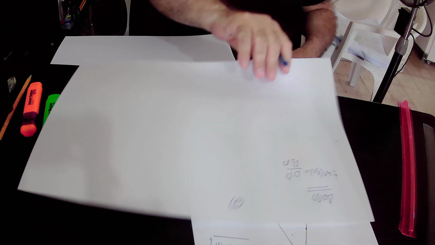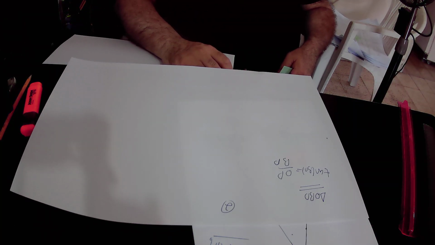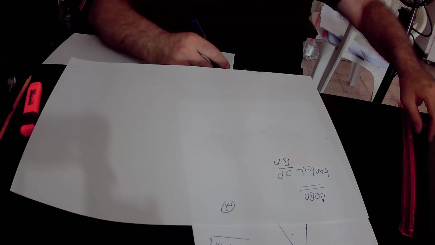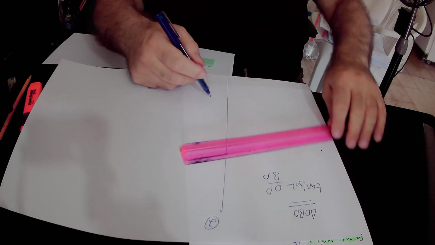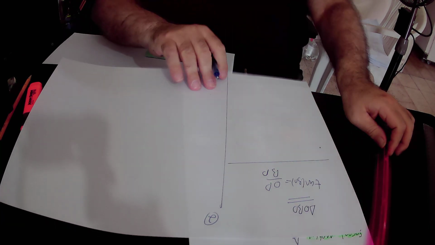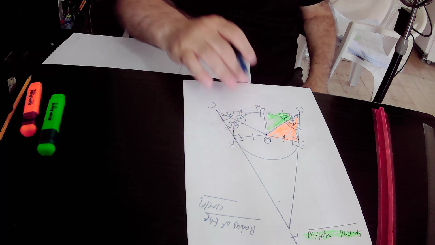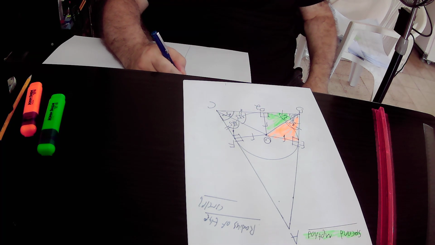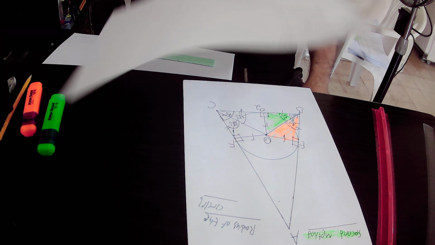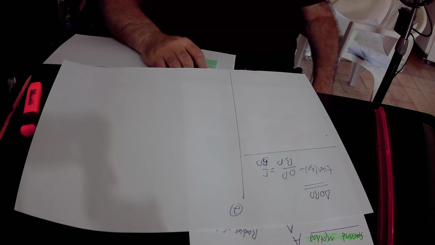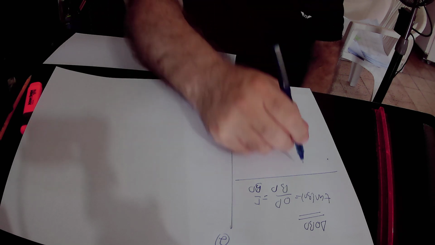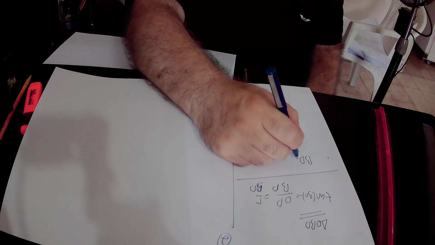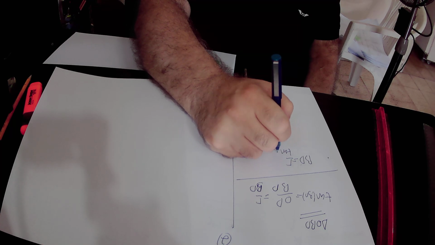The right triangle OBD, tangent 30 degrees equals OD over BD. OD equals R, so tangent 30 degrees equals R over BD. So here we multiply this equation by BD and then we divide it by tangent 30 degrees and we get that BD is equal to R over tangent 30 degrees.